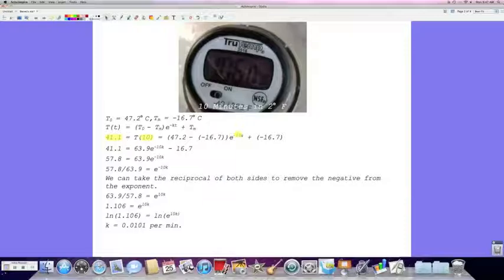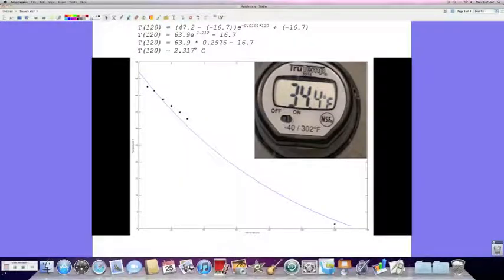Now that I've got that K, and I've got my starting temperature of the water and the freezer, I'm able to go back and plug those values into Newton's law. So what I did is I wanted to find out what would happen after 120 minutes. I simply used that calculation again, and I'm trying to find T120 here.